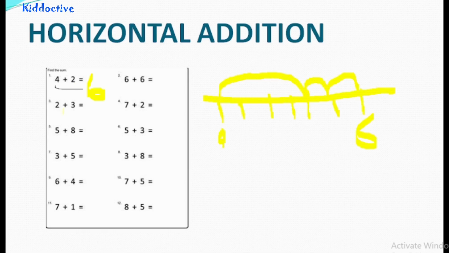Now here 2 plus 3, tell me, you can add it with your fingers or by number line, but the rule is that one digit numbers we can write like this. This is horizontal. So 3 plus 2 or 2 plus 3 is 5.